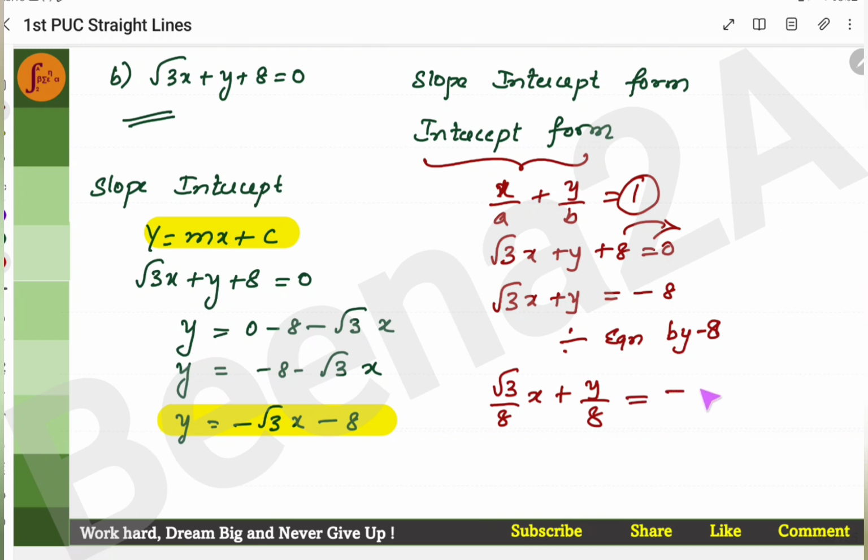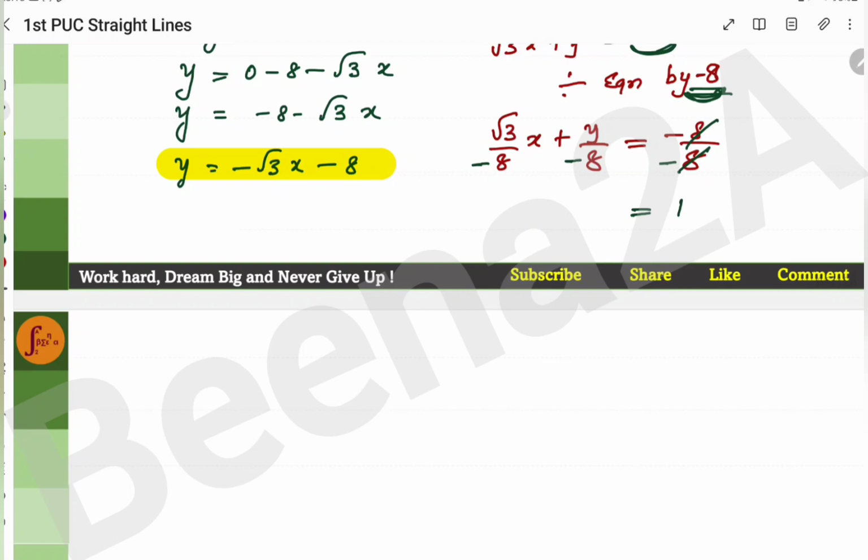So if I divide the entire equation by minus 8, it will become like this. y by 8 is equal to minus 8 by 8. So, right, I have to divide by minus 8. Let's not forget the sign. We have to put minus 8 because you have minus 8 here. So you have to divide by minus 8 only. So this will become 1. Now we'll have to get it in the form x by a.